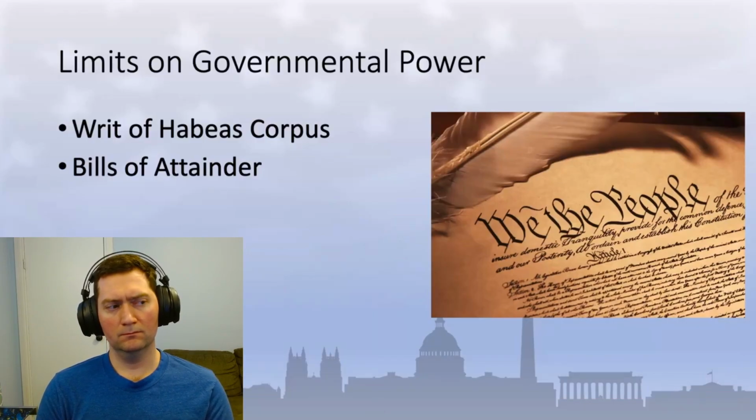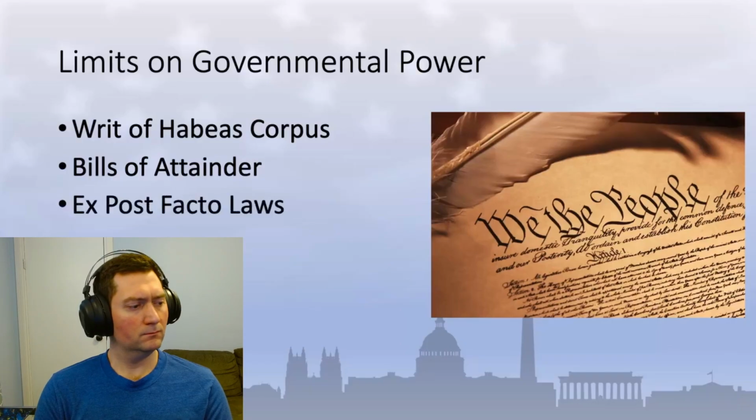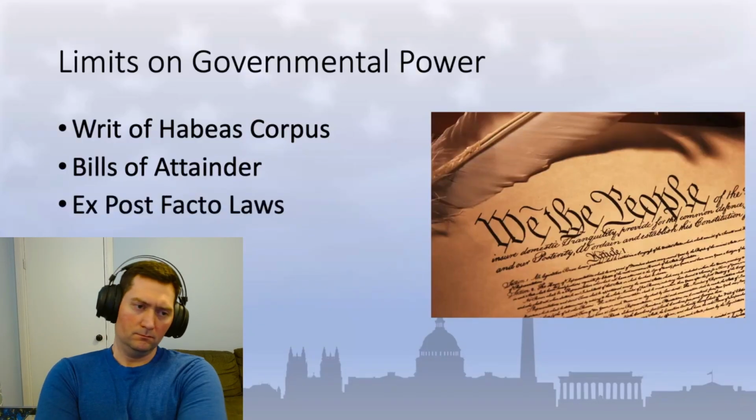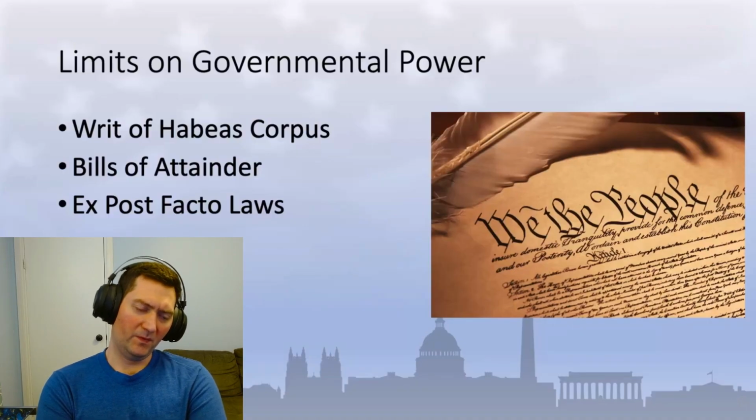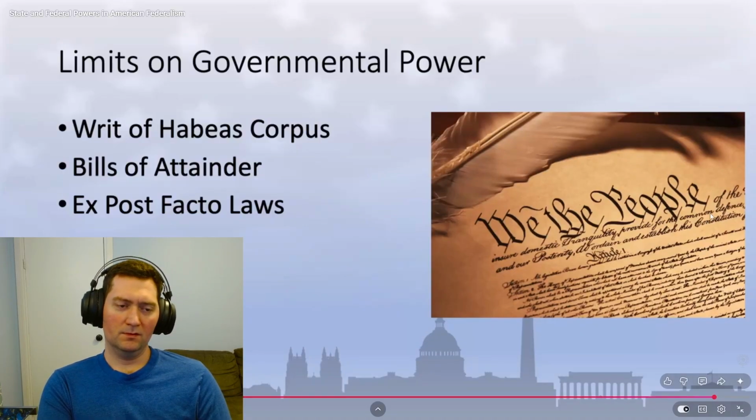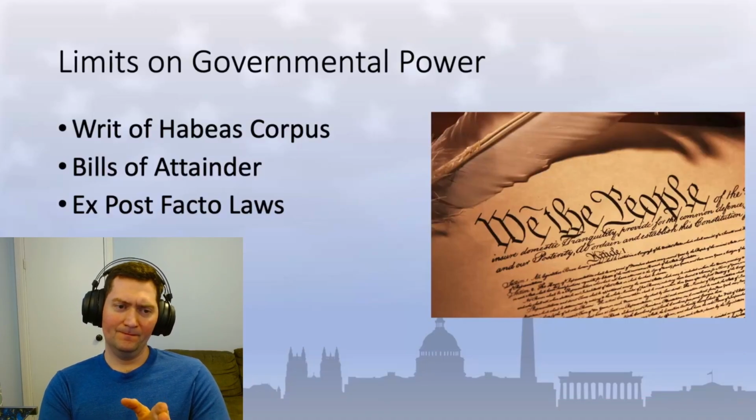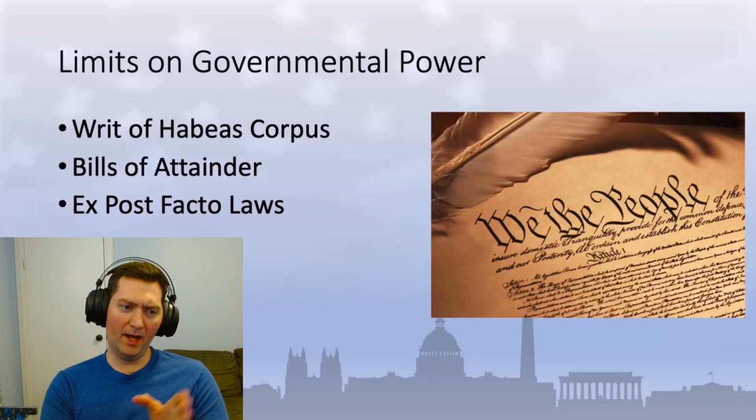Nor may Congress pass ex post facto laws, or laws that retroactively criminalize conduct that was legal when it occurred, or increase the punishment for conduct that was legal when it occurred. The U.S. Constitution explicitly prohibits the federal government and the states from passing ex post facto laws. So you can't make a law that makes something illegal, then go back and punish people for that.